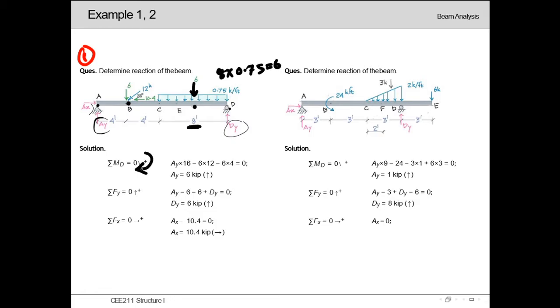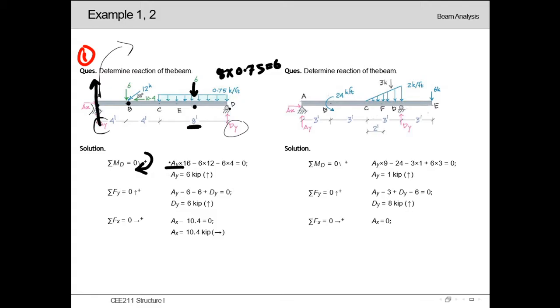Now let's see which are giving moment with respect to point D. Starting with this AY. This AY is acting upward. This AY is giving a rotation in clockwise direction, we can see, with respect to point D.